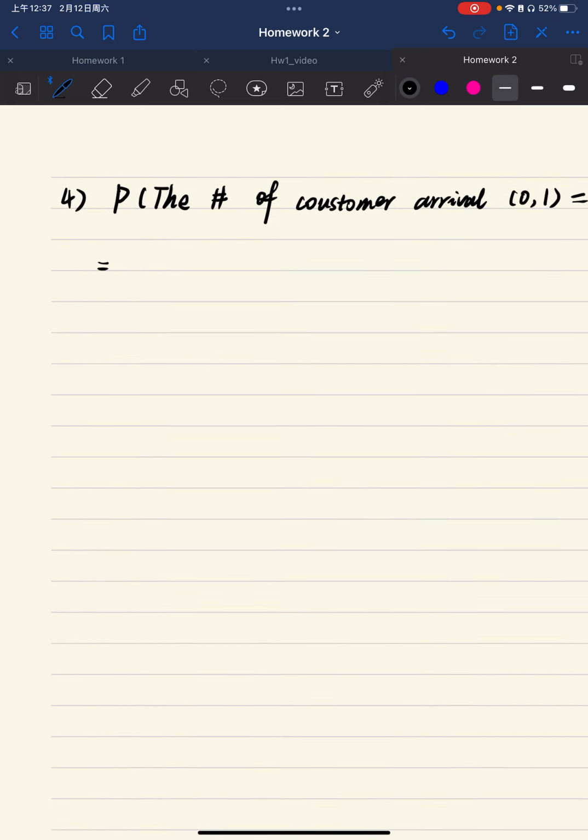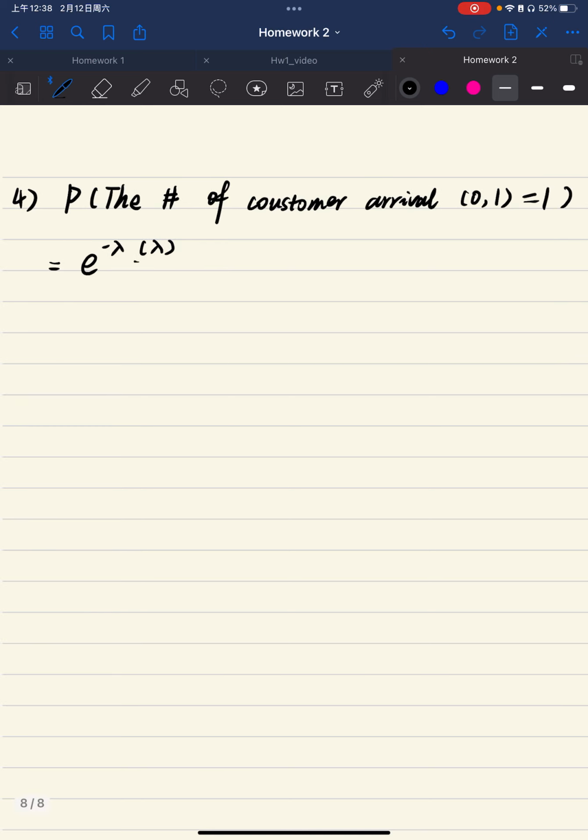So it is e to the power of negative lambda, times lambda to the power of 1, over 1 factorial, so it's lambda e to the power of negative lambda. Substituting lambda equals 0.178, we have the result as 1.149. So all the problems are done here.